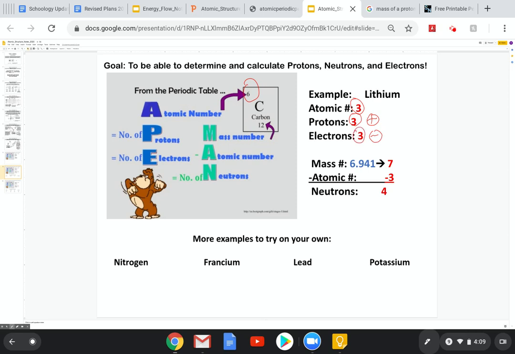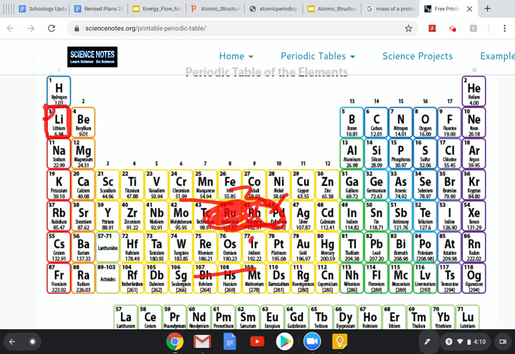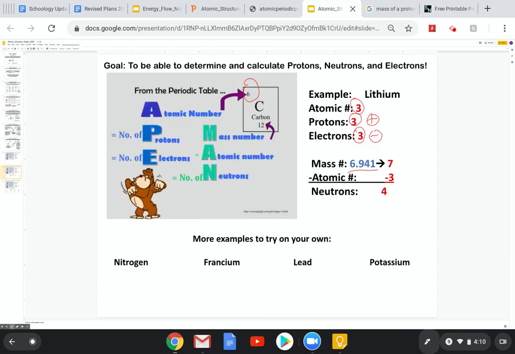So 3, 3, 3. Now we've got the atomic mass, also super important. We're going to take lithium, which is 6.94, and we're going to round that up to 7. If you don't round that up to 7, you're wrong. Now we're going to subtract our atomic number, which we already found out to be 3, and now we're going to get the amount of neutrons.